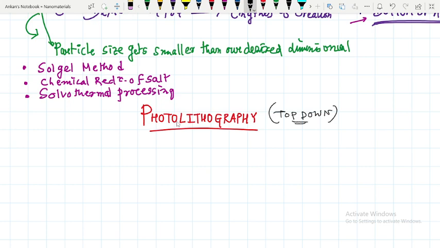So you can understand this is a very old method. Okay. Now, what does the word lithography mean? Lithography.